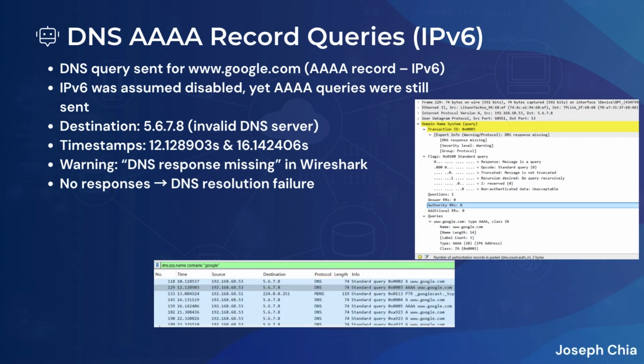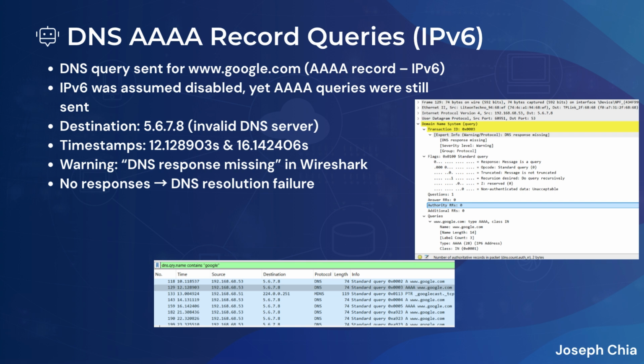This screenshot shows DNS queries made to resolve the IPv6 address of www.google.com. These are AAAA record queries, which are used to get IPv6 addresses. What's interesting here is that even though IPv6 was believed to be disabled on the system, this query was still sent.